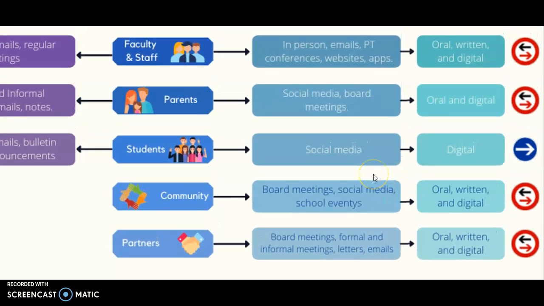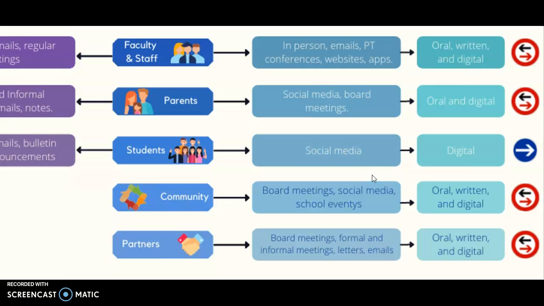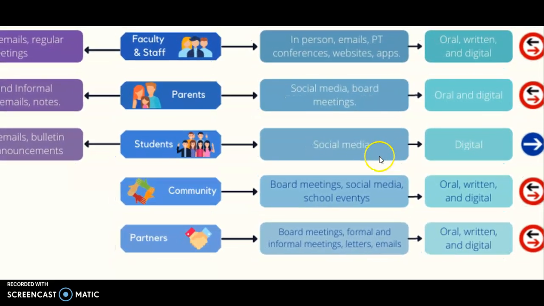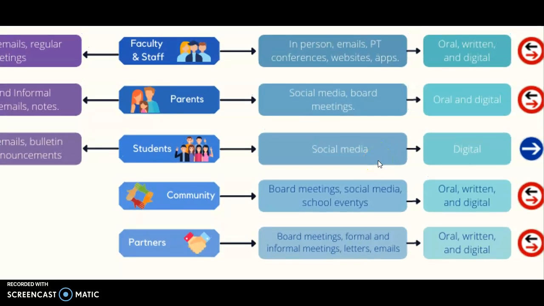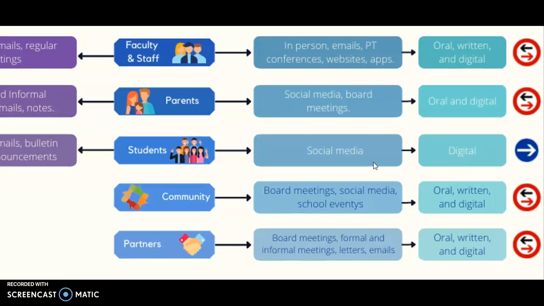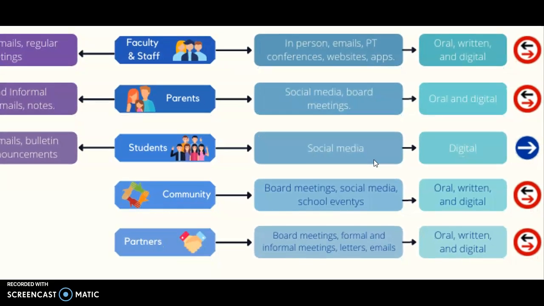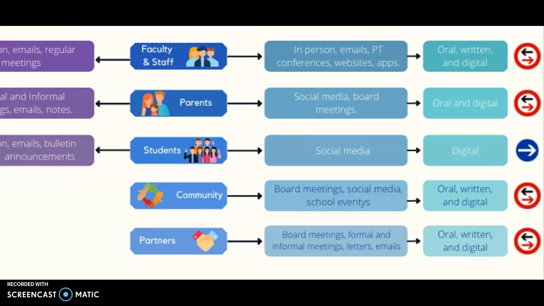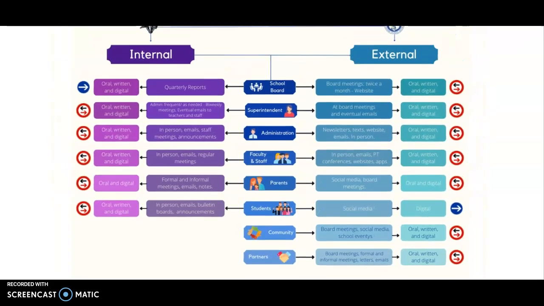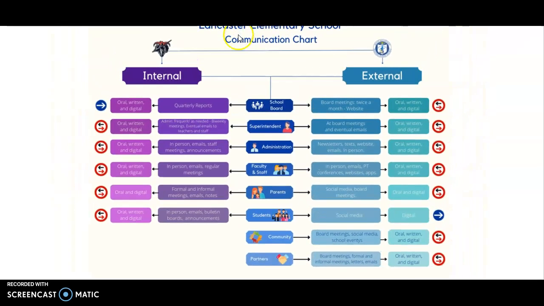And other partners also, like businesses and the Cornell Town that provides services to students in after school programs, communicate through board meetings, formal and informal meetings, letters, and emails. This happens in written, digital, and oral communication, and is both ways because they communicate with us in meetings where communication can happen in both ways.